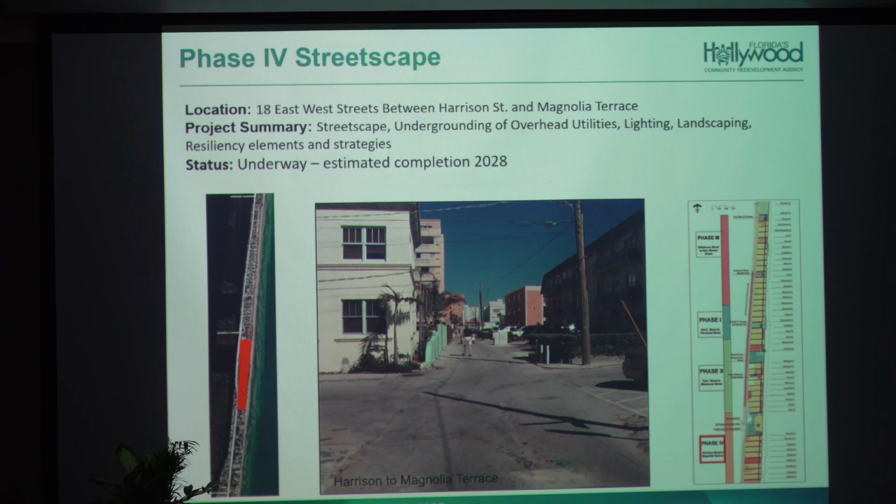Because it's for capital, we are allowed to carry that money over so that it may be used the following year. It's a carryover for capital improvement only. So the money is set aside. So even though the CRA will have sunset, the money to complete the project is there for the city to complete.